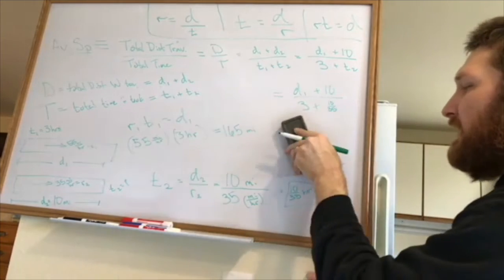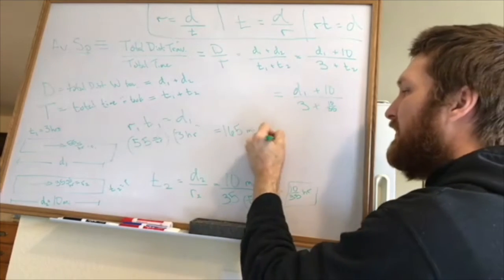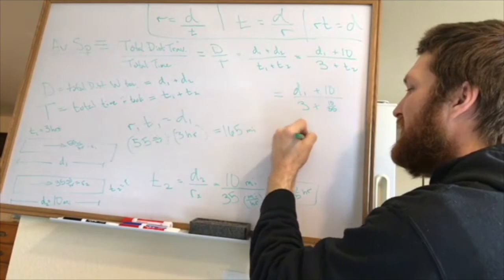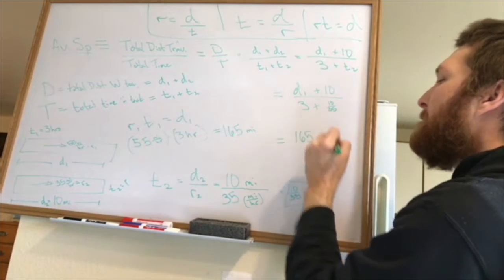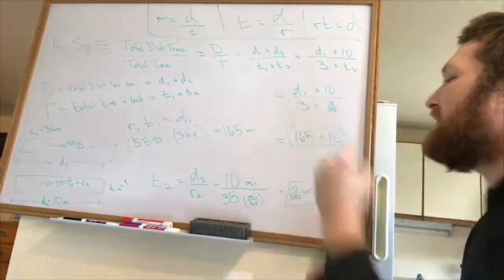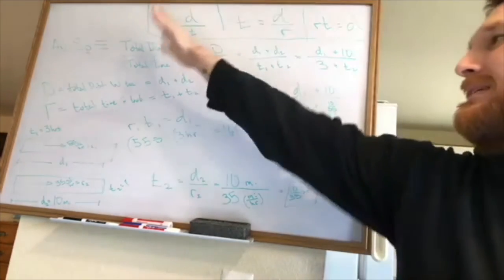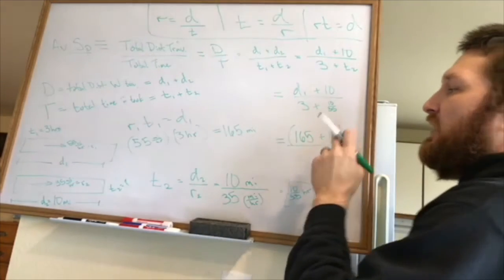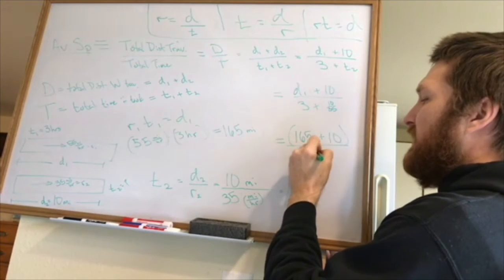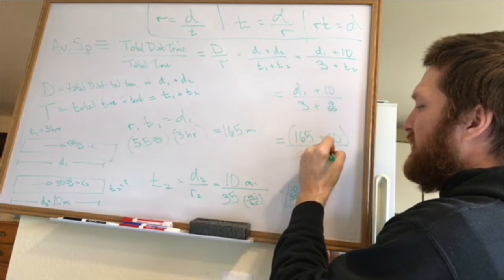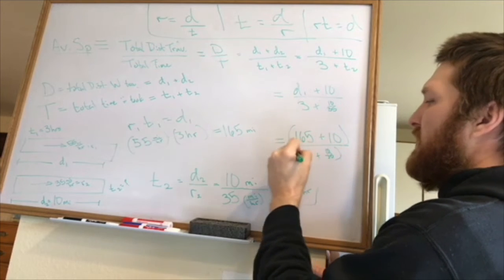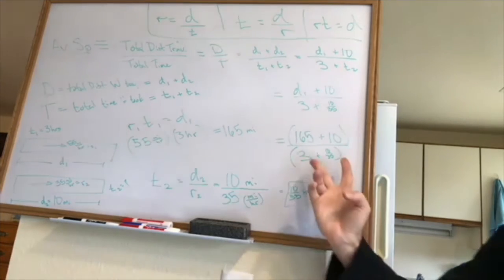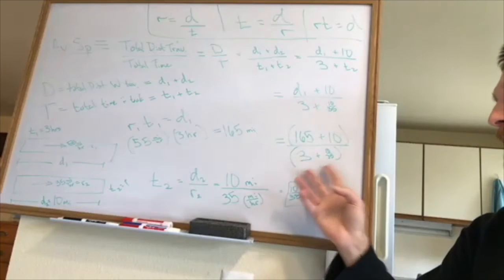And I'm going to finally replace that right here and say, okay, 165 miles on the first trip plus the 10 miles from the second trip is the total distance that Bob traveled. He drove for 3 hours in the first trip plus 10/35ths of an hour in the second trip. And that's the total time that Bob drove.